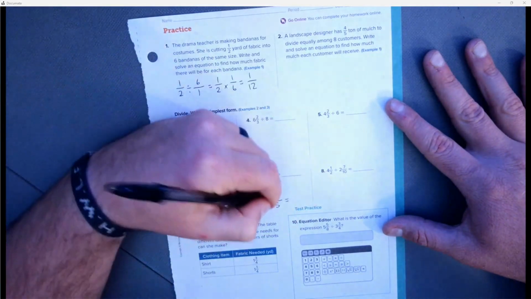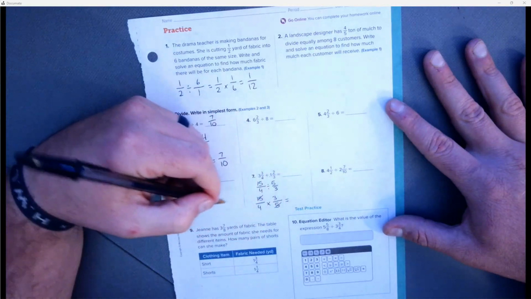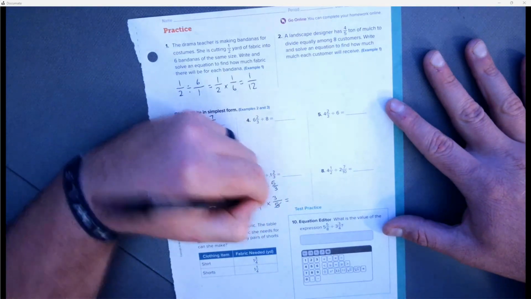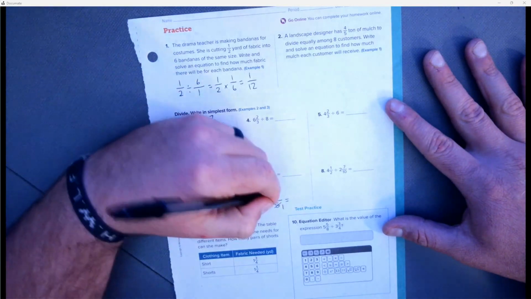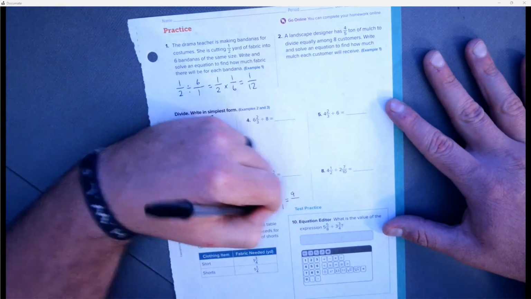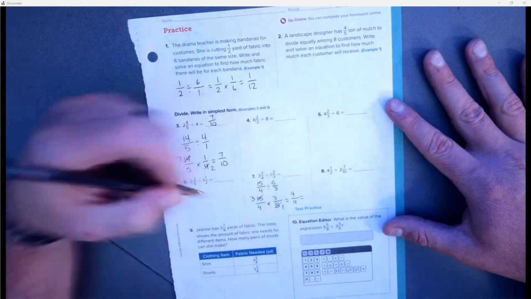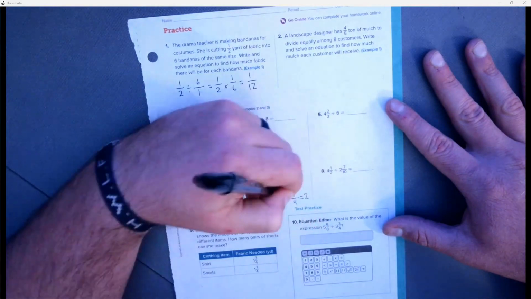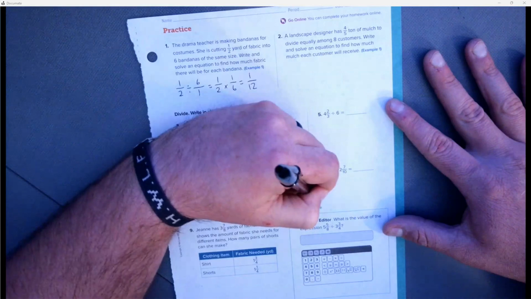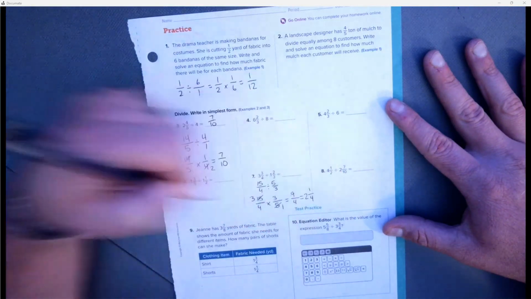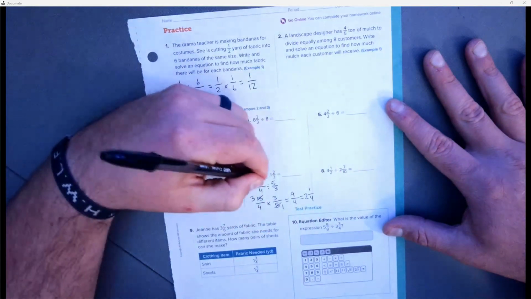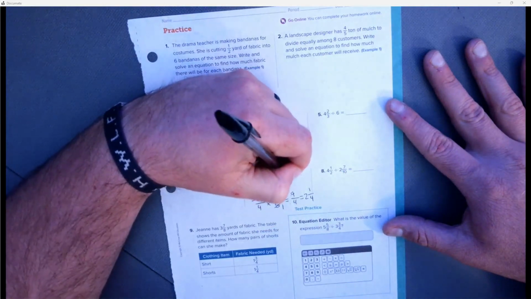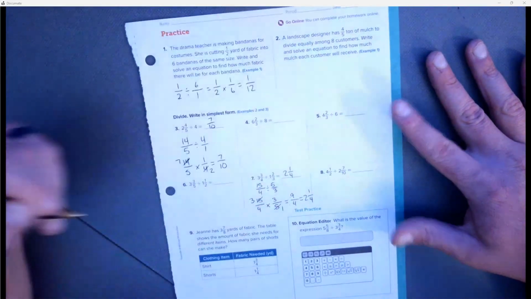Cross simplify to start. Our 5 and our 15. 5 goes into 15 3 times. 5 goes into 5 once. 3 times 3 is 9. 4 times 1 is 4. 4 can go into 9 twice. 4 times 2 is 8. That'll leave us with 1 left over of our 4. So 3 3/4 divided by 1 2/3 is 2 1/4.